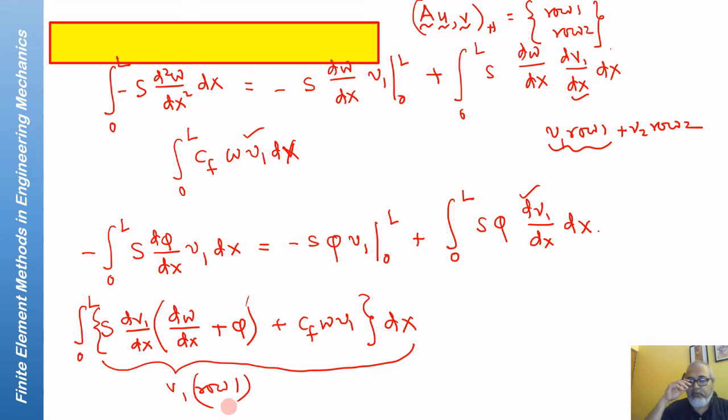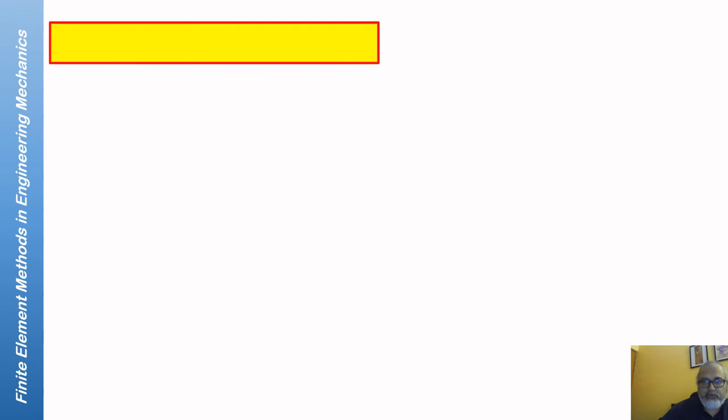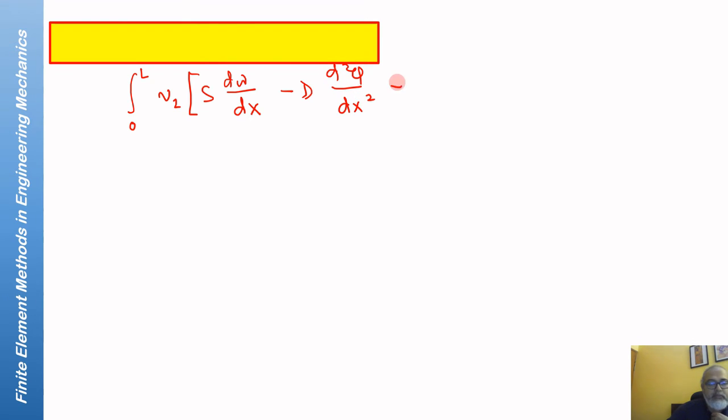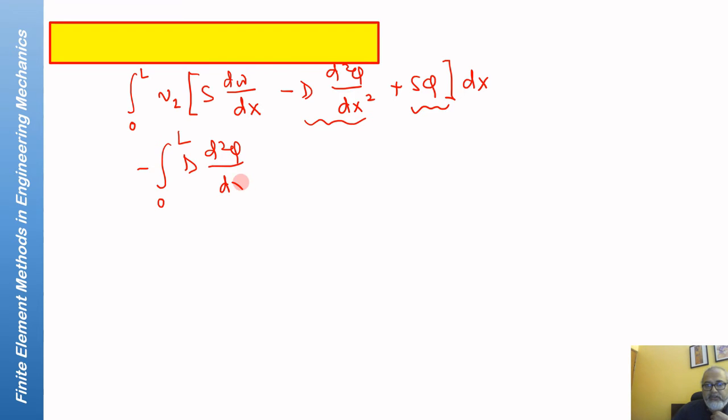Now we will do v2 times row 2, and let's do it separately. So v2 times row 2 would be the integral 0 to L of v2 times S dw/dx minus d squared phi/dx squared plus S phi. We have already dealt with this term and this term. So the second term becomes minus d squared phi/dx squared v2 dx.